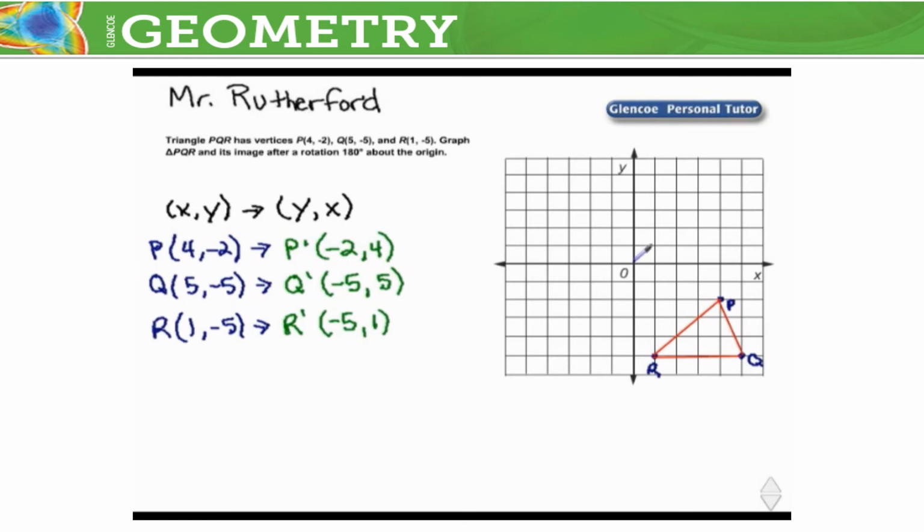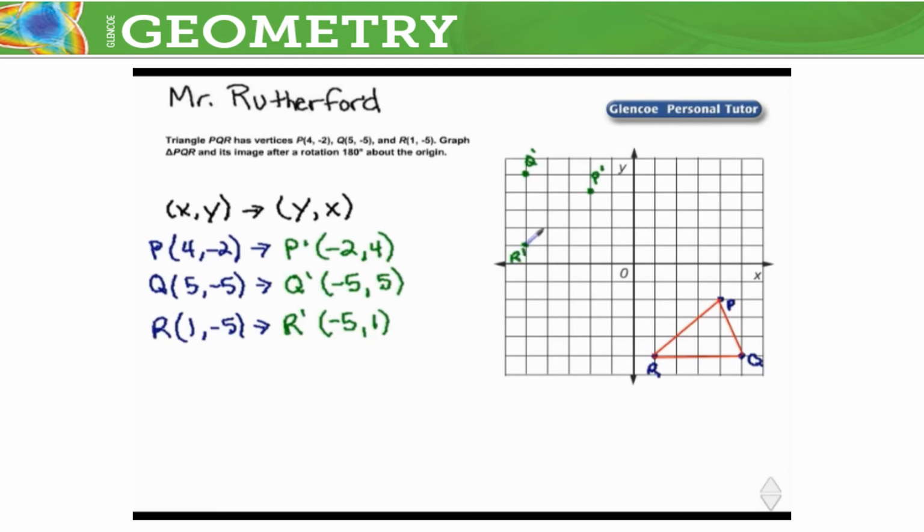So we have P prime is negative 2, 4, and we'll label this P prime. Then Q prime is negative 5, positive 5. Label this Q prime. Then we have R prime, which is negative 5, positive 1, and label it R prime.